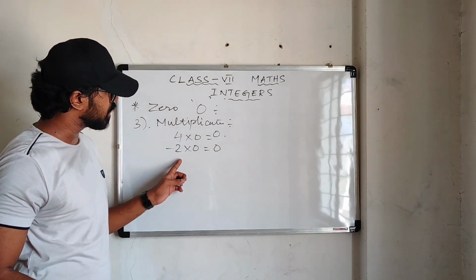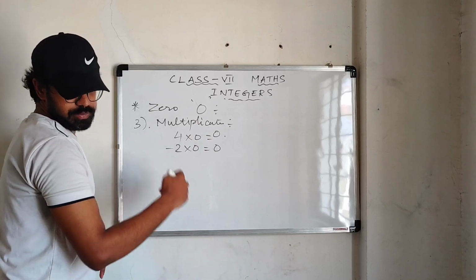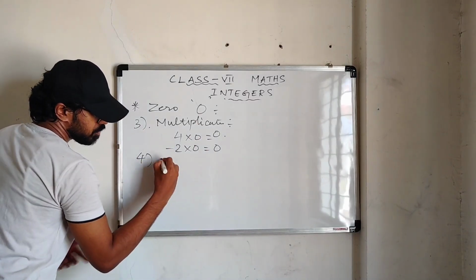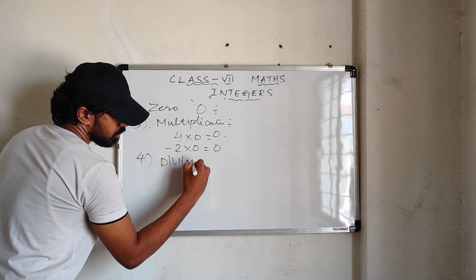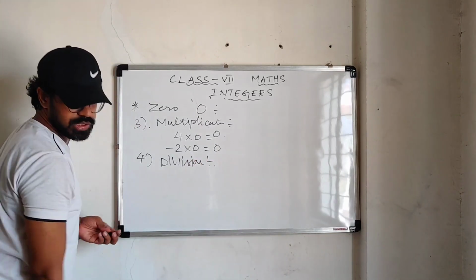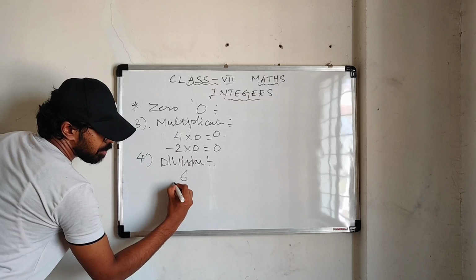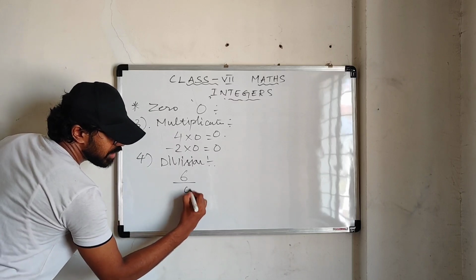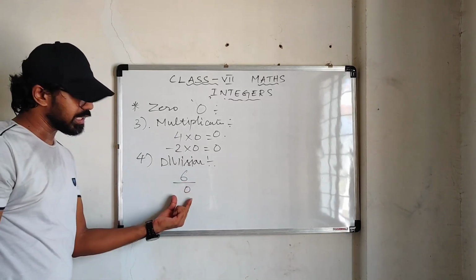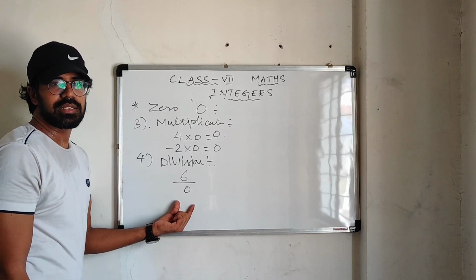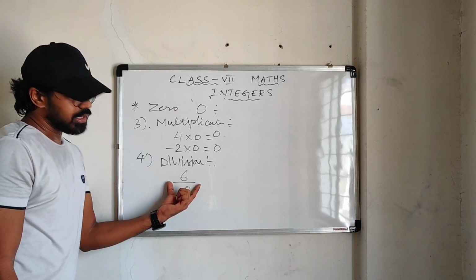Now let's look at division. So what happens in division? In division, if you take any integer and divide it by 0, now say the 0 is in the denominator, what will you be getting? Look at the numbers nicely.